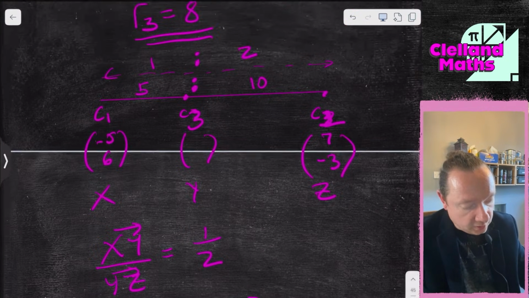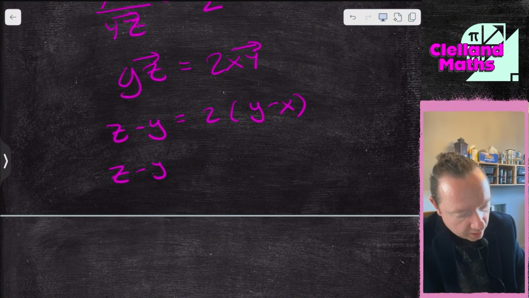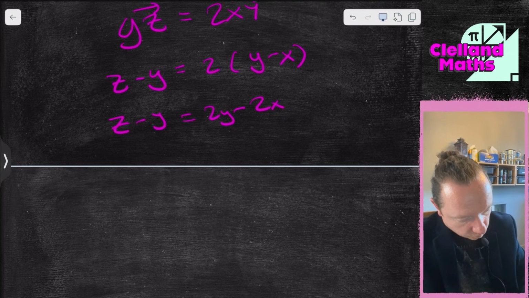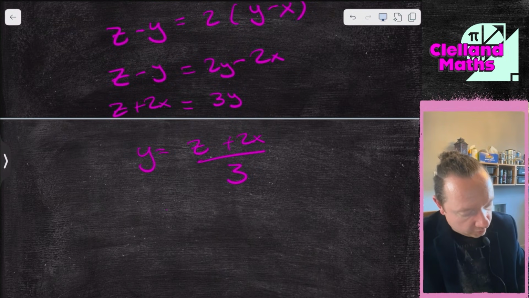And I'm trying to get y because that's what I've called the middle point or vector. So z minus y equals 2y minus 2x. If I take the y over here, I get 3y, and I get z plus 2x. So finally, y is z plus 2x over 3, or a third of z plus 2x.